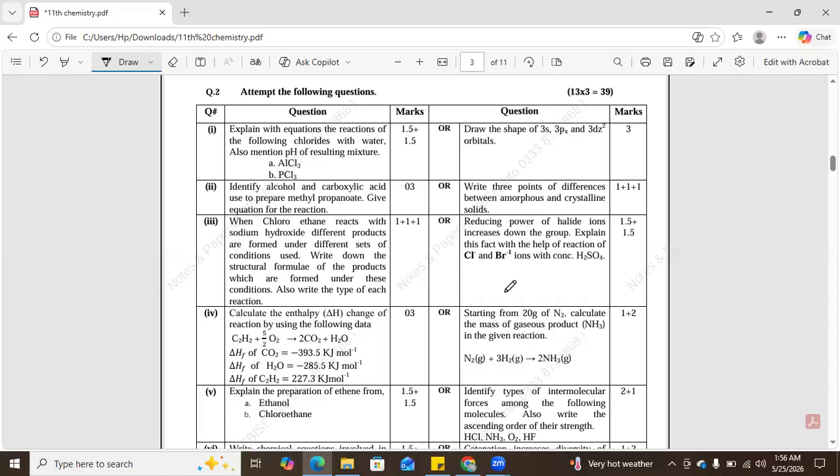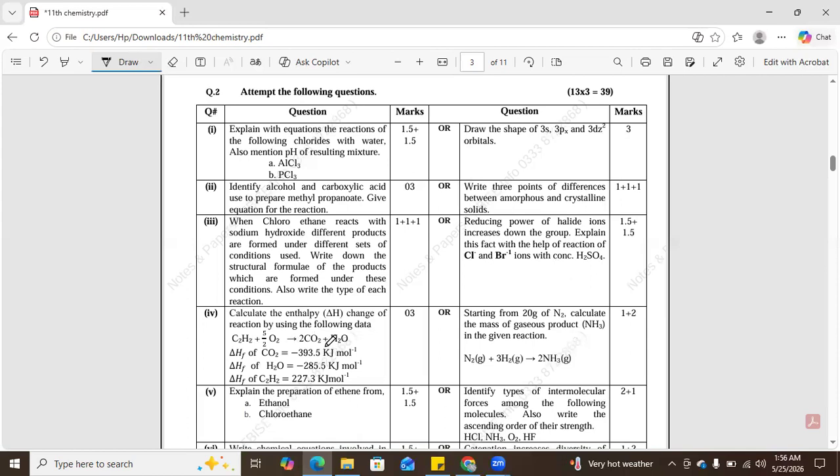The optional question is, reducing power of halide ions increases down the group. Explain this fact with the help of the reaction of chloride ion and bromide ions with concentrated H2SO4. Number 4 is, calculate the enthalpy change of reaction by using the following data.